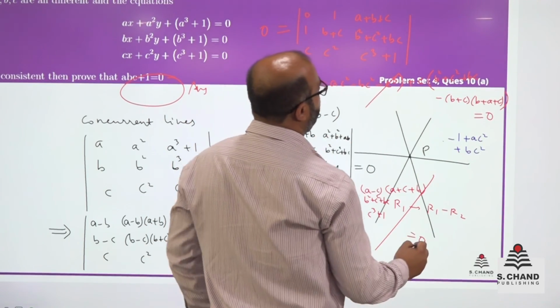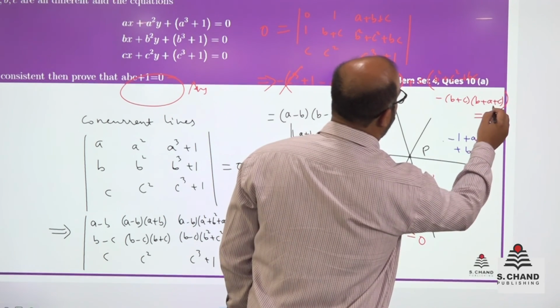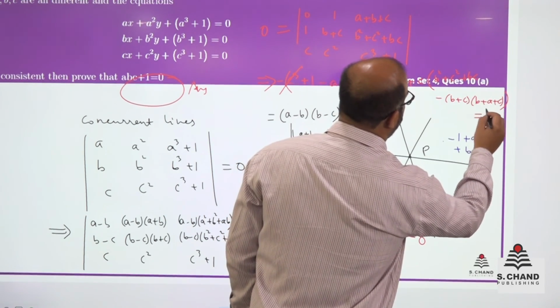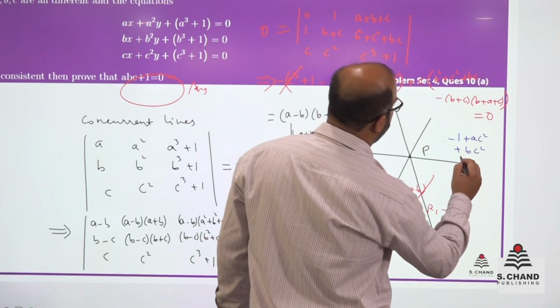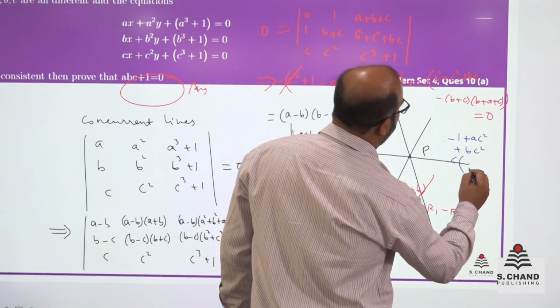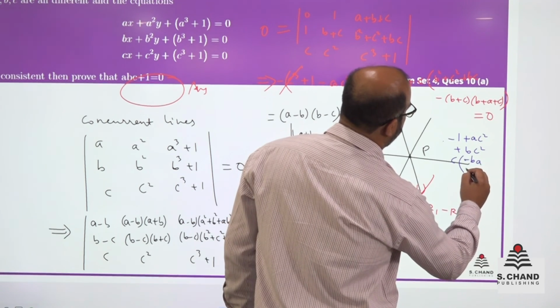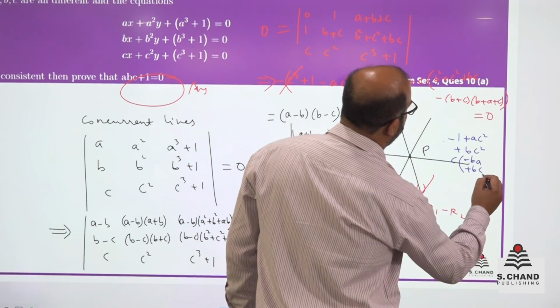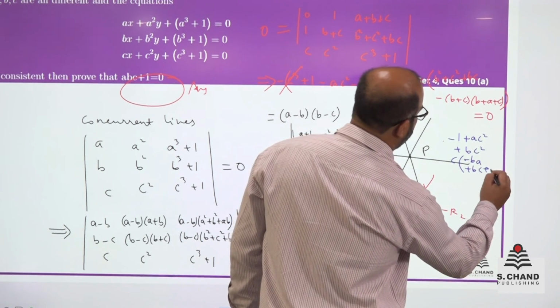Then from here B square, C square will cancel, BC will cancel, 6 terms, 3 terms will remain, that is C into minus BA plus BC plus AC.